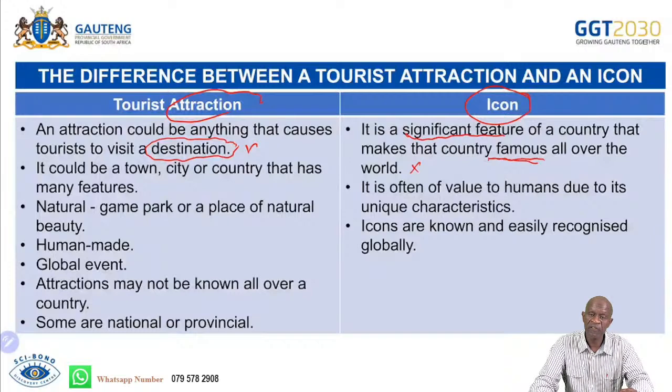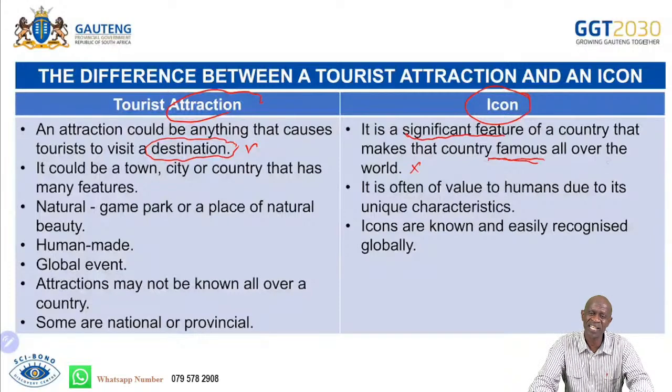Right, as we further distinguish between an attraction and a tourist, in the second bullet, it says it could be a town, a city, or a country that has many features. So that will be an attraction. It can be a town, a city, or a country that has many features.